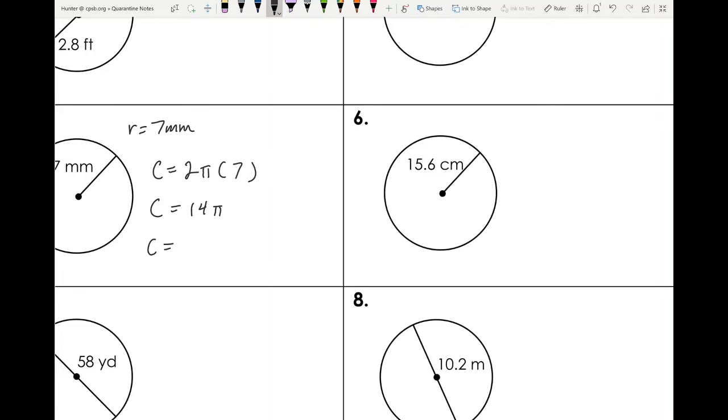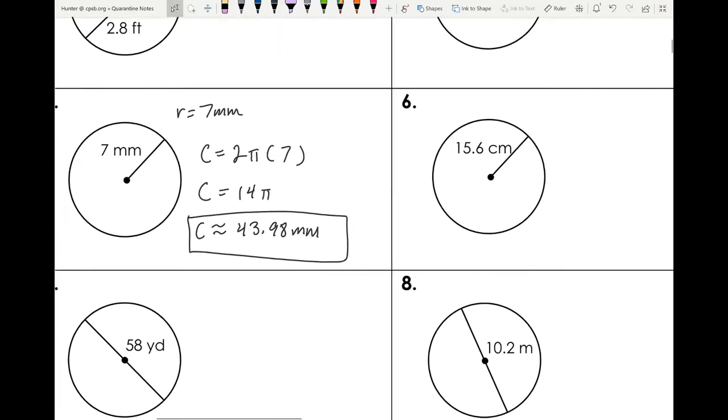You press 14, then times, then click the pi button, and it will give you an answer. In this case, it's going to give us the circumference to be about 43.98 millimeters. It's not millimeters squared this time because we are not squaring anything, so our units would not be squared.